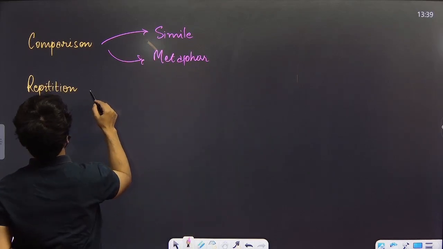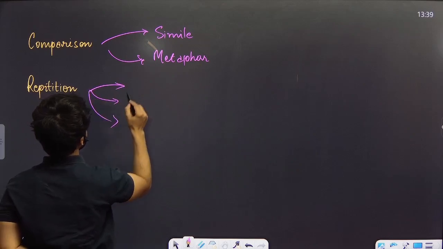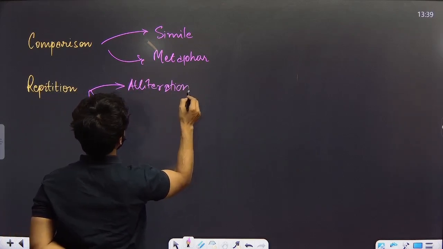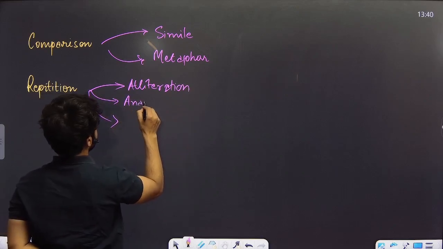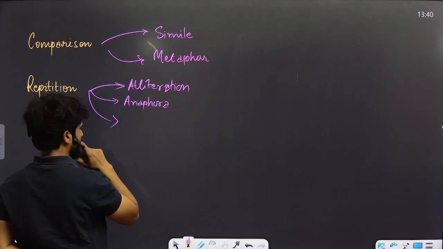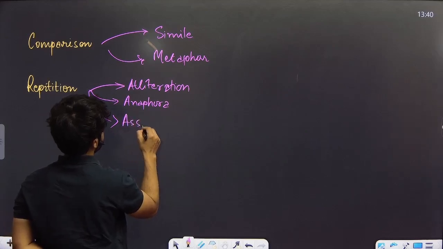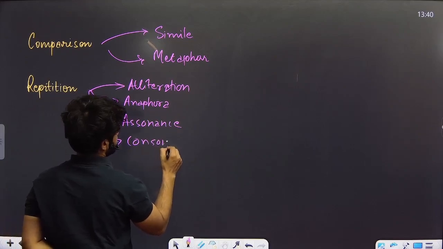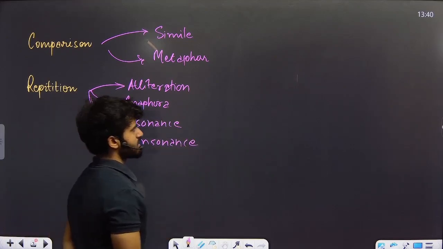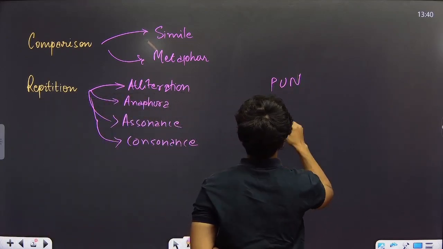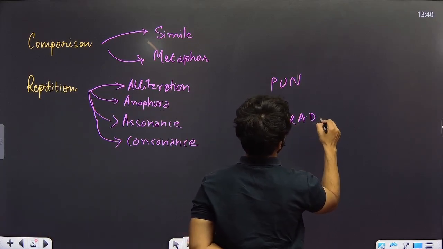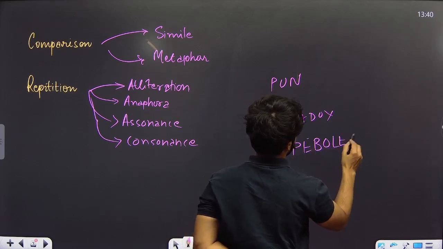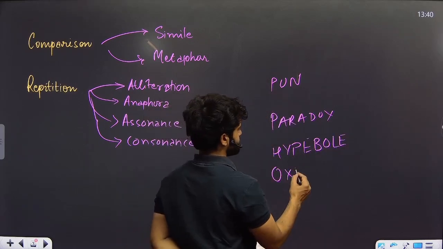For the case of repetition, you came across alliteration, then anaphora, then assonance, consonance. We discussed the pun, paradox, hyperbole, and oxymoron.